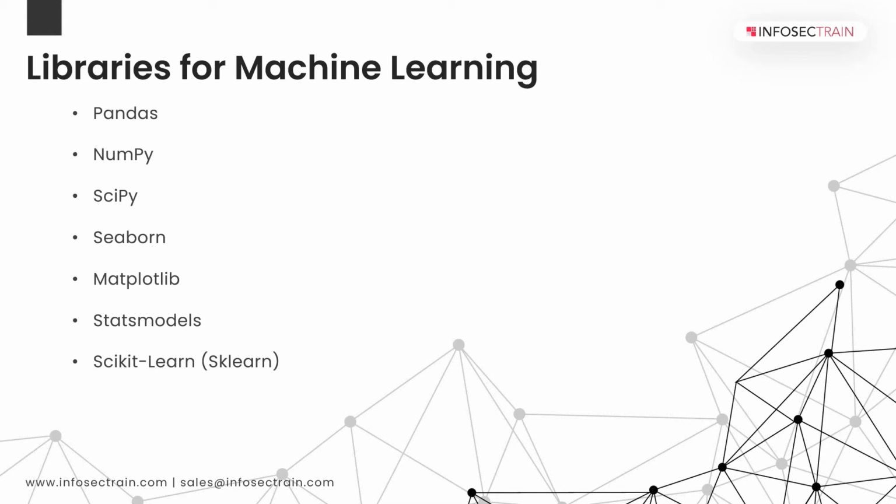The first is nothing but the pandas library. We use the pandas library for data pre-processing and data wrangling. It is a library for tabular data structures, for data analysis and data modeling tools.